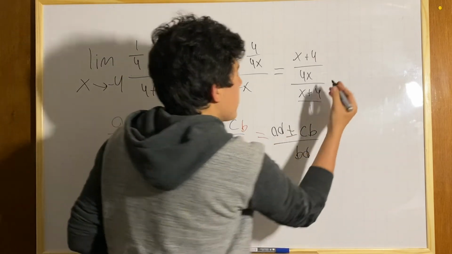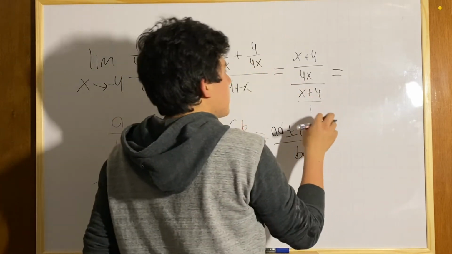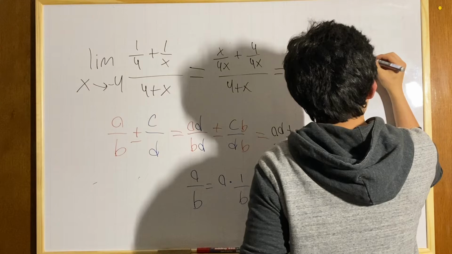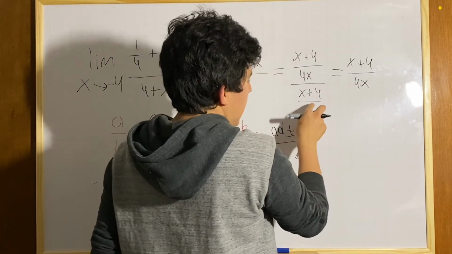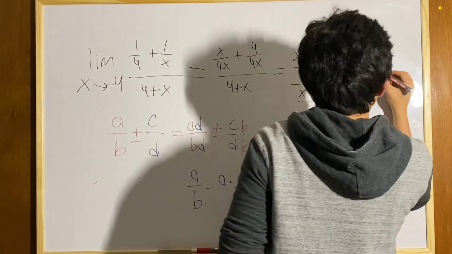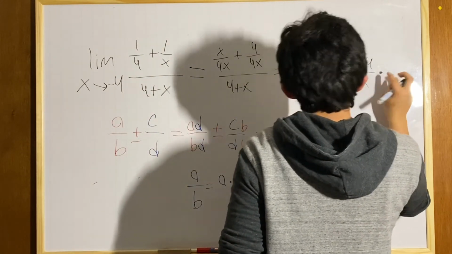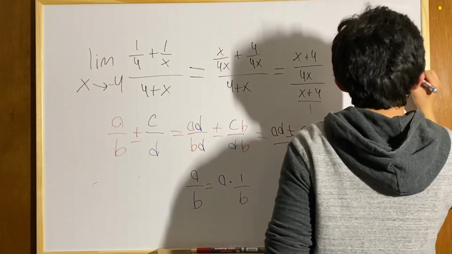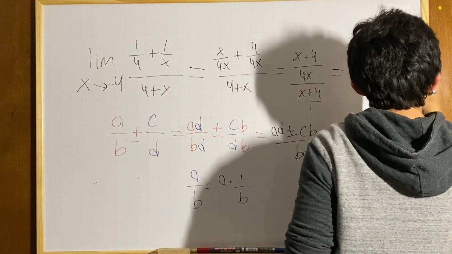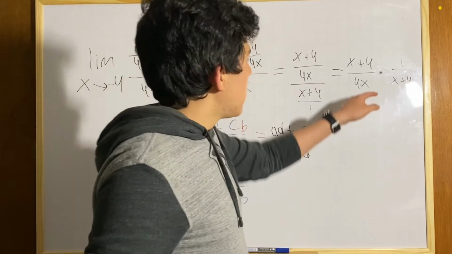So we get that this is equal to x plus 4 over 4x times the inverse of this, which we know is going to be equal to 1 over x plus 4. Okay? That's how it goes.